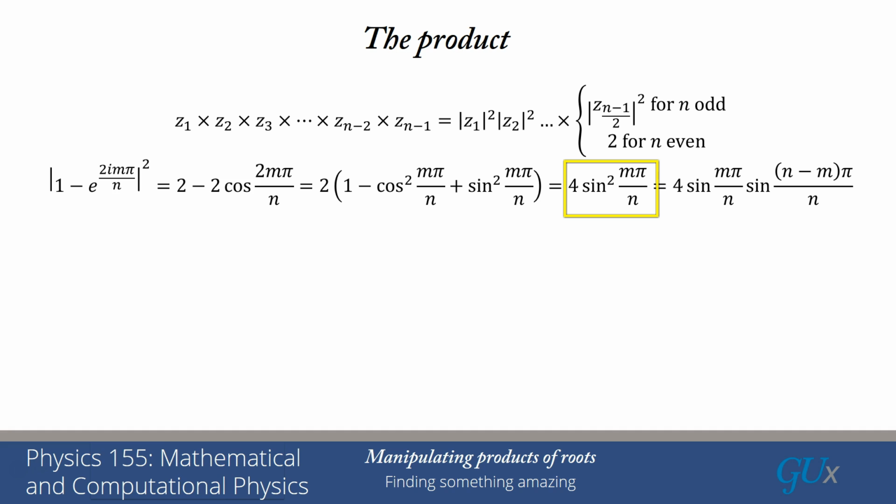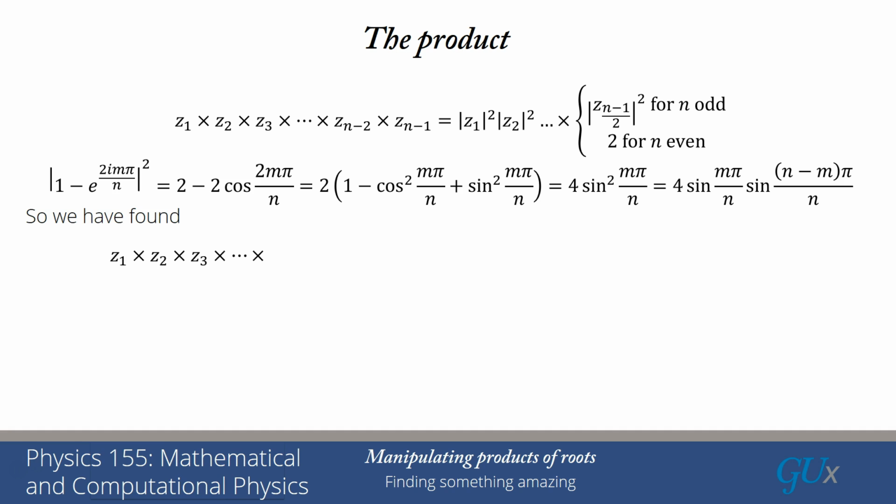And now I have to notice that sine of m pi over n is equal to sine of (n minus m) pi over n, which is an identity you can easily verify by using the sum formula or the difference formula for sines. And so it looks like each one of these terms is giving me a factor of 2 sine m pi over n.